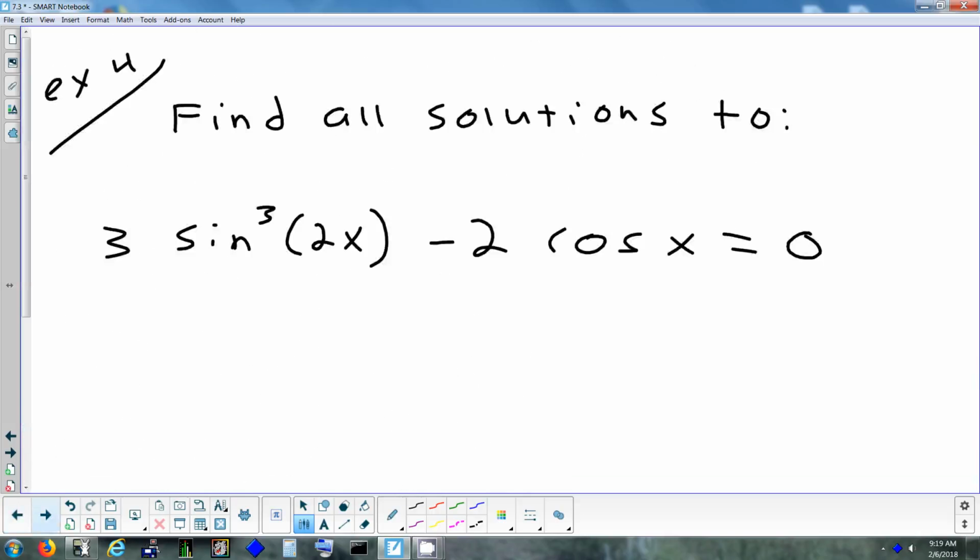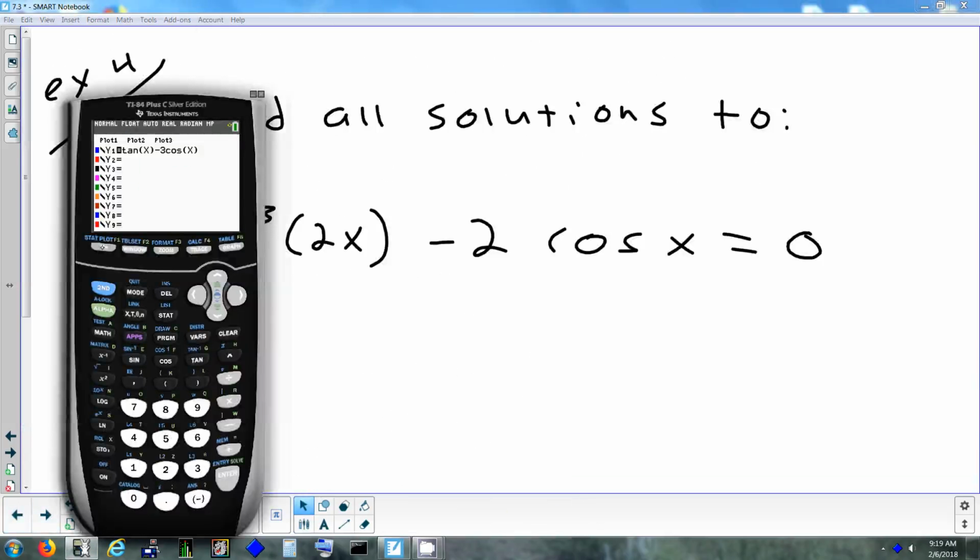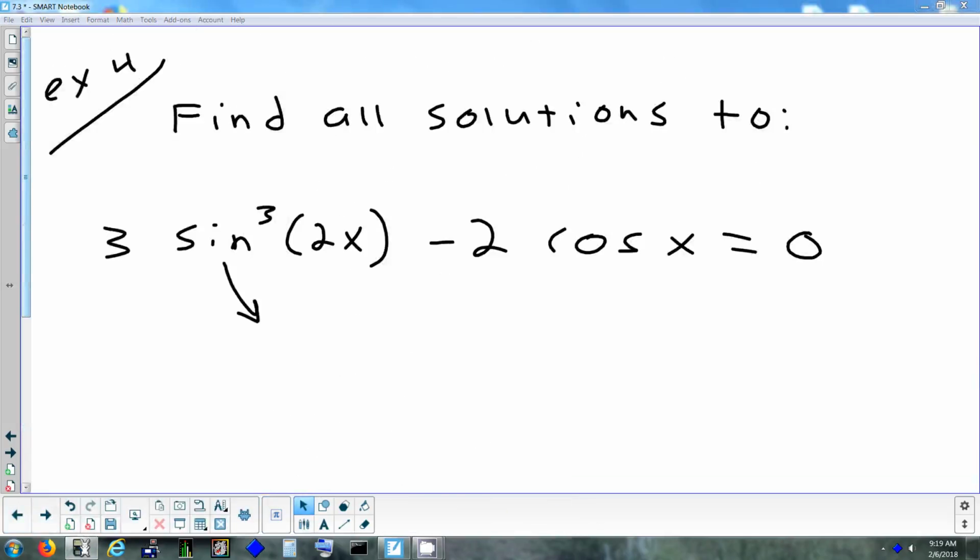So let's try this one. But first, let's just graph sine cubed. Okay, just by itself. Just to see if we can figure out what's the period of sine cubed. So I'm going to put in sine of x cubed. Now, one thing that does complicate this one a little bit is that 2.